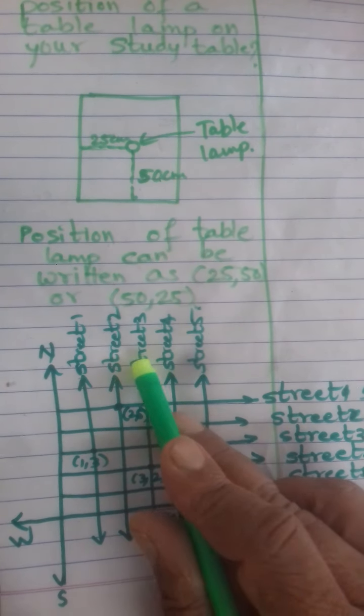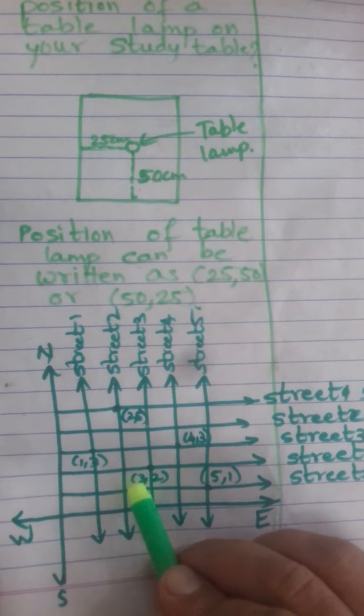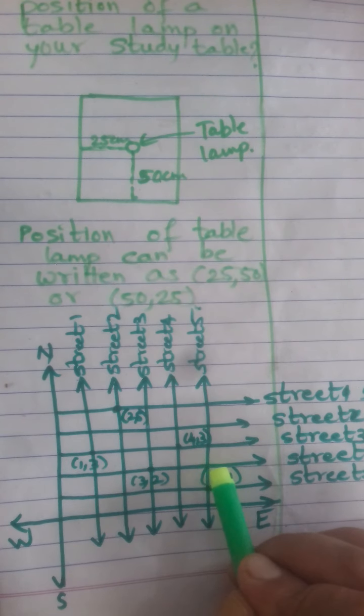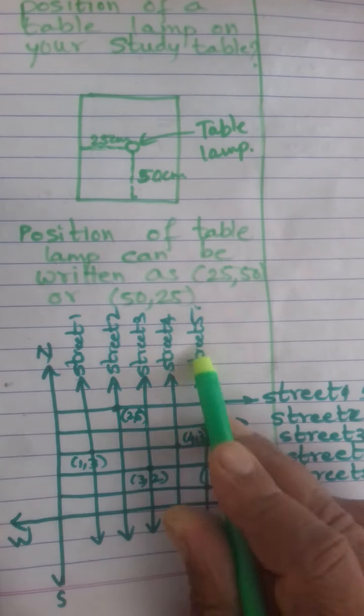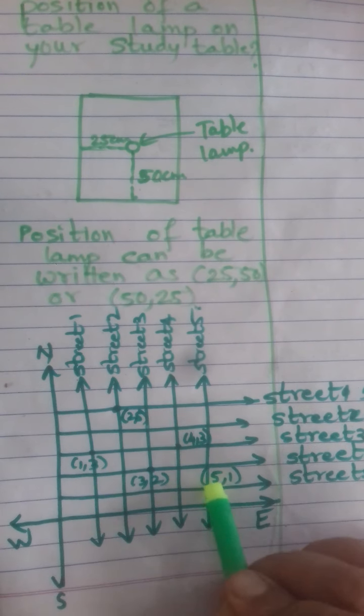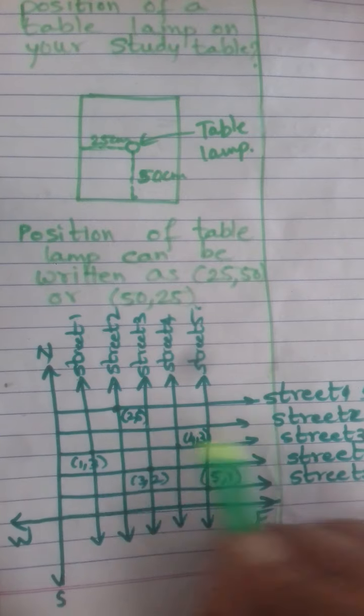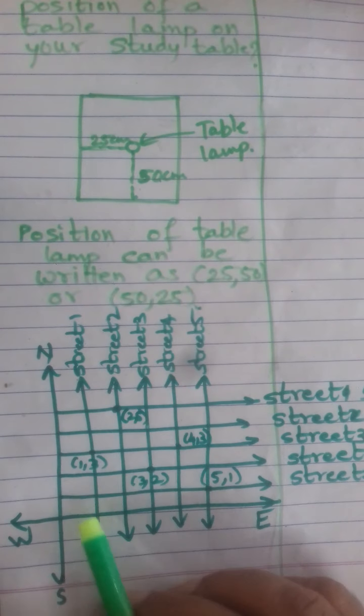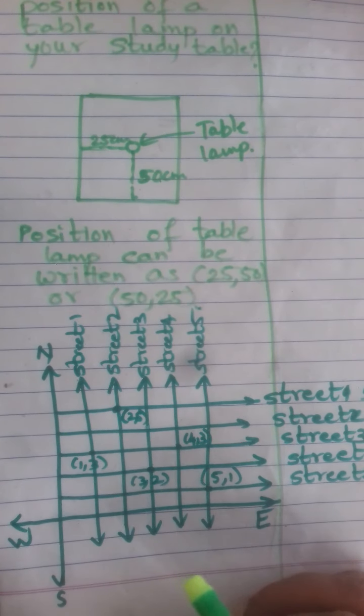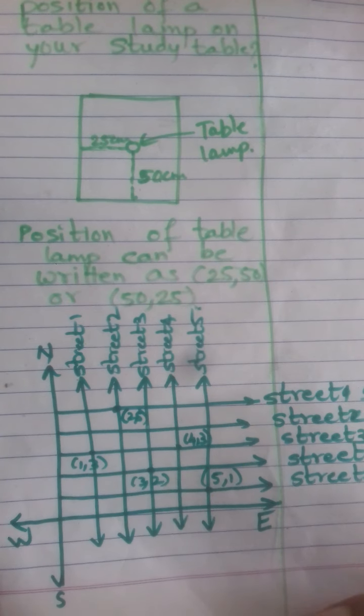This one between street 3 and street 2, so 3, 2. This will be between street 5 and street 1, so 5, 1. In this way you can draw this in your fair book. Take 1 centimeter equal to 200 meters and draw each street 1 centimeter apart, whether it is east-west or north-south, both of them.